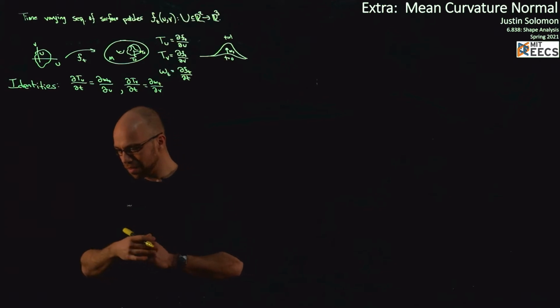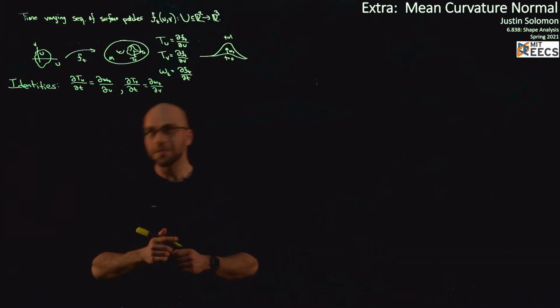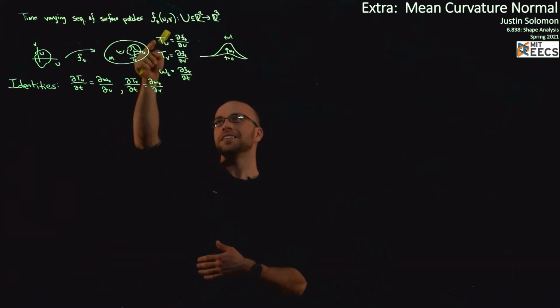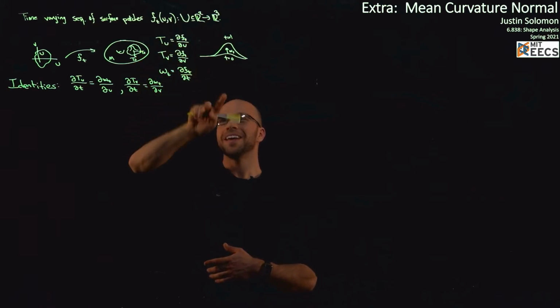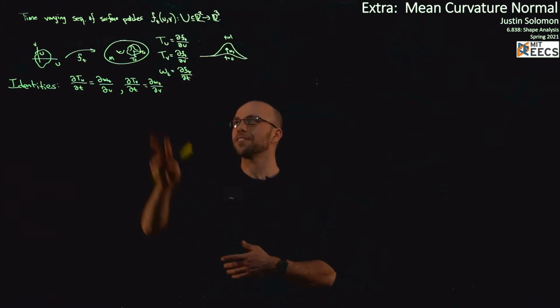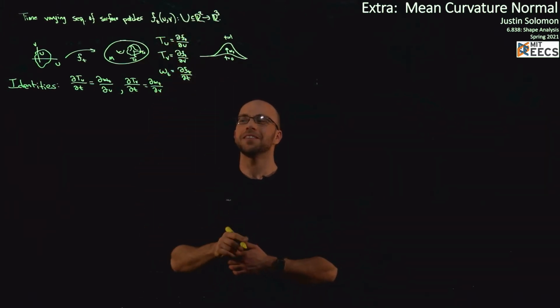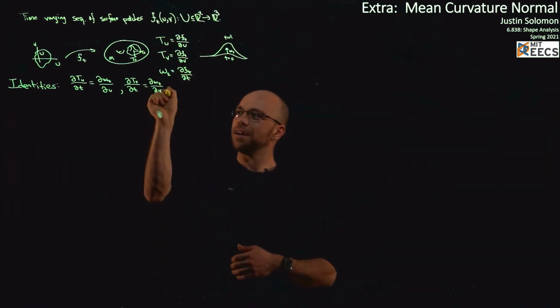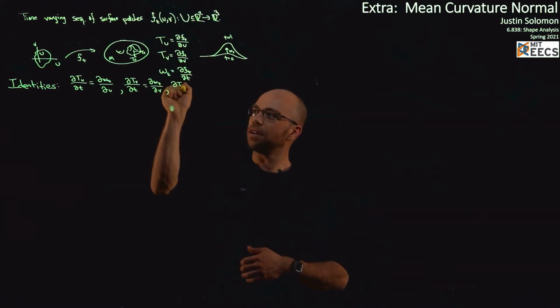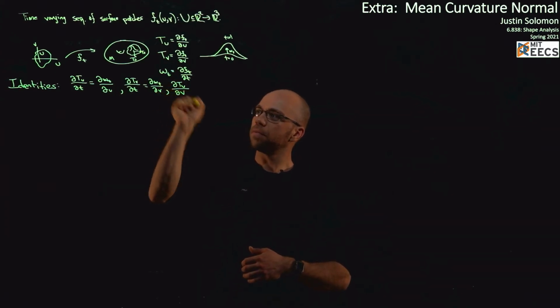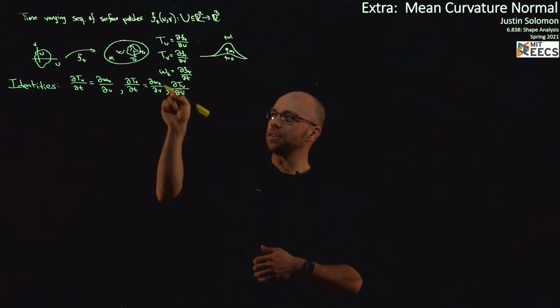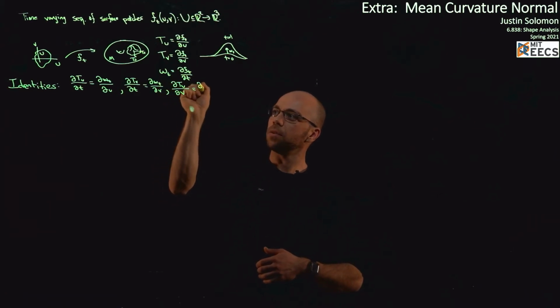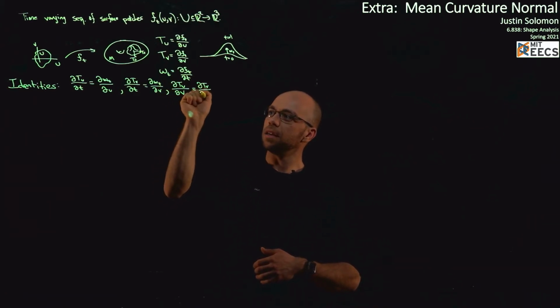And there's one third thing, which is I can differentiate Tu in v and Tv in u, and both of those are the same thing because they're just the mixed partials of f in the u and v directions. So in other words, the derivative of Tu in v is equal to the derivative of Tv in u.